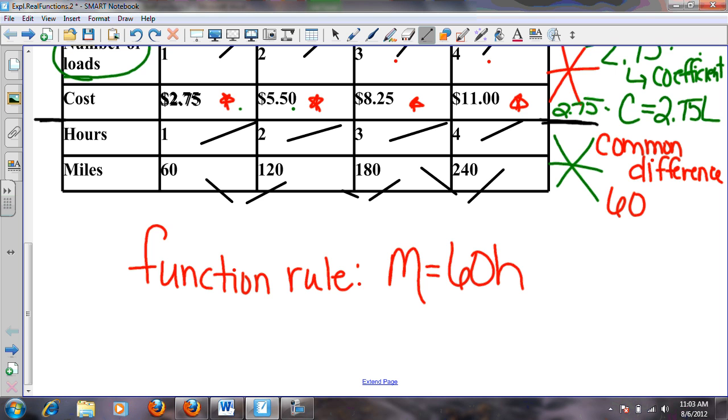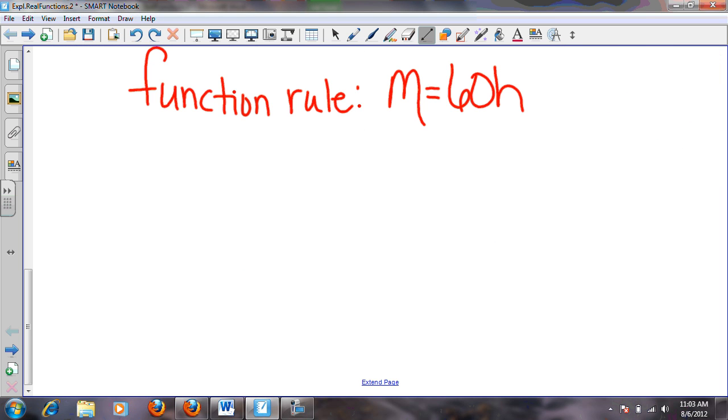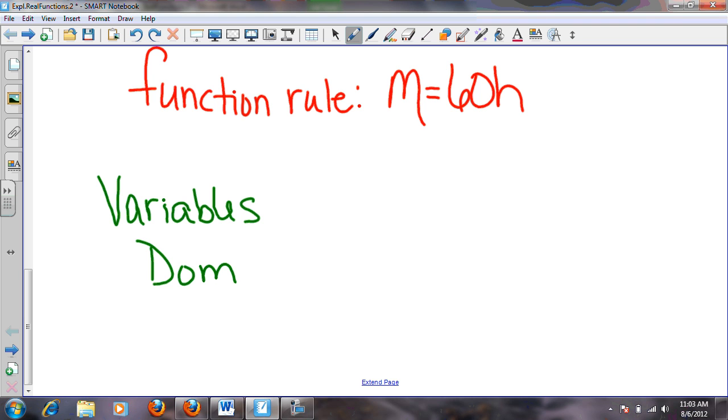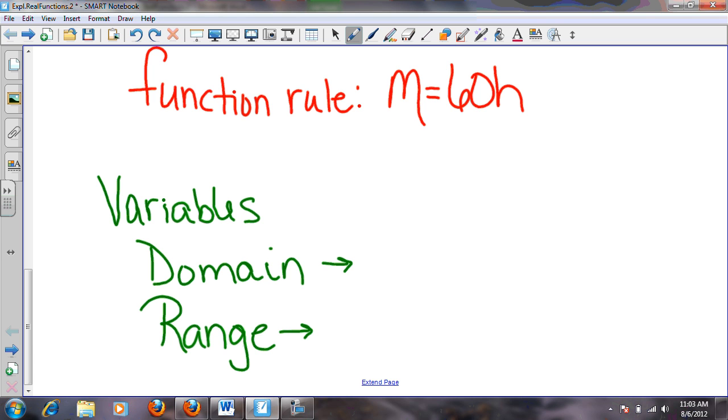Continuing in the lesson on page 28, this is more for a challenge. You're going to be looking at variables and domain and range. You need to know what domain and range are.